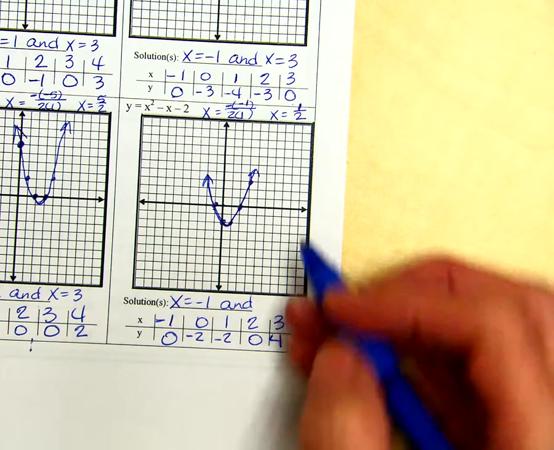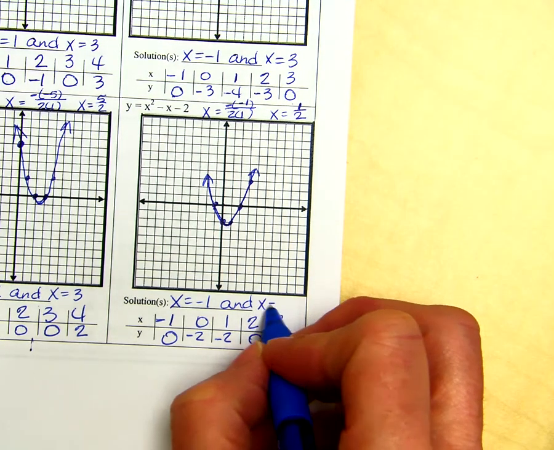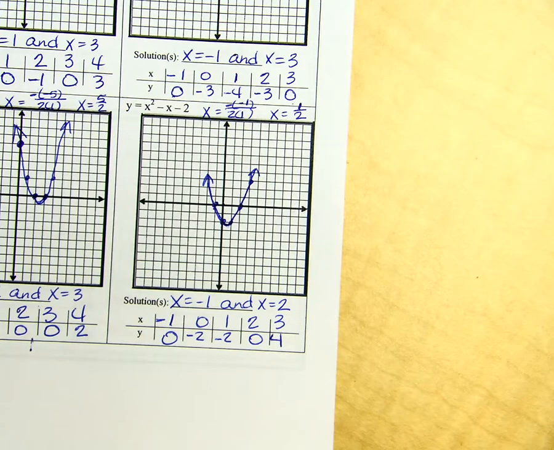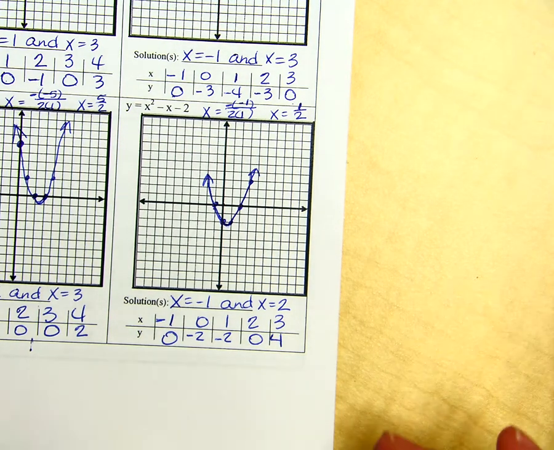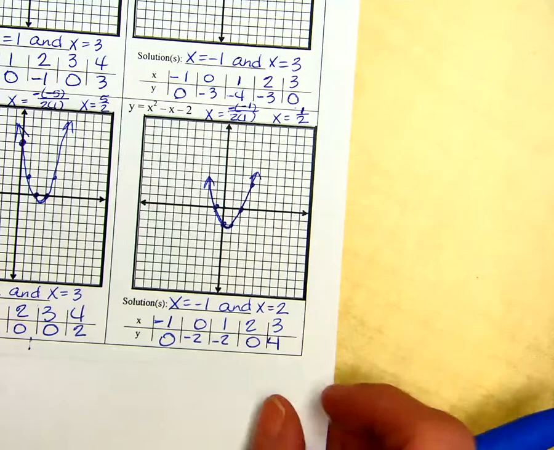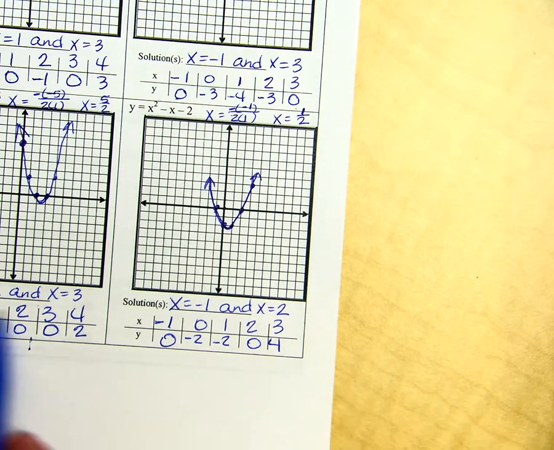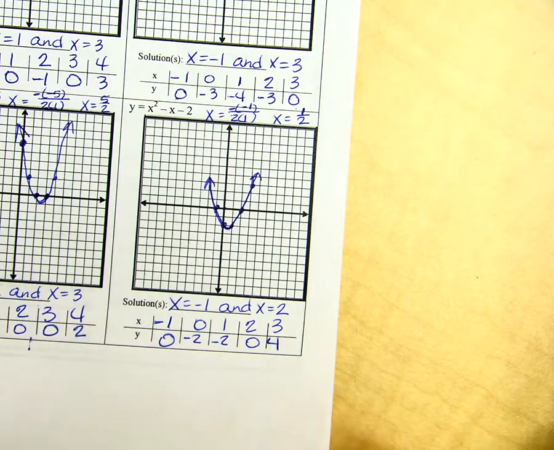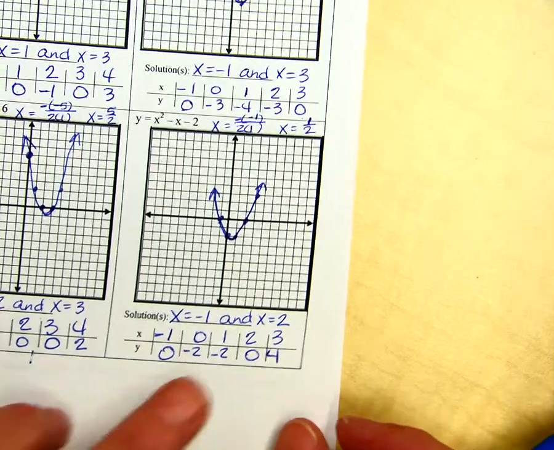It is where the value of y is 0. So these are our solutions. So that is very quickly a brief review of sketching quadratics using the axis of symmetry to help you determine your table values so that you can get things on either side of that and get something a little more symmetrical that looks like a parabola.